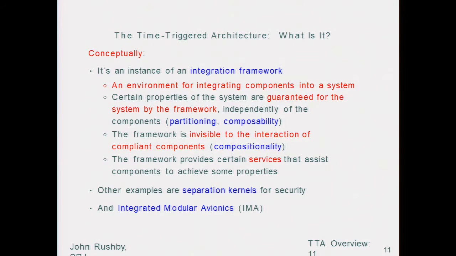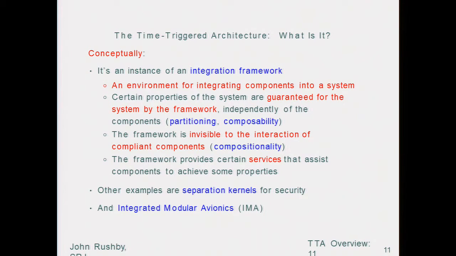Okay. Now, conceptually then, the TT time trigger architecture is an integration framework, and so it's a way of putting together various systems. And we said before that when you put together various systems, your goal is that the whole thing works correctly. Okay, so that's the key point.